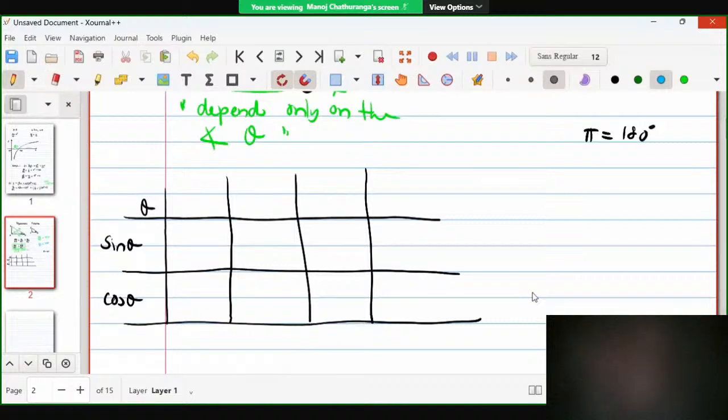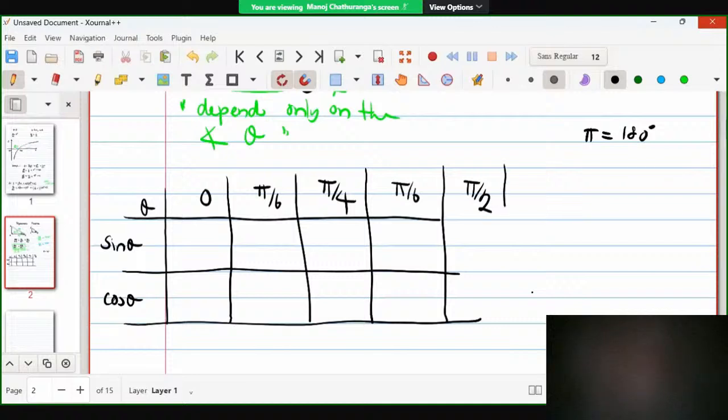I will put here what happens if theta is 0, 30, 45, 60, and finally 90. The first and last columns do not correspond to any triangles, but those are limiting cases. At the limit, there will be no triangle, but we can sort of guess what happens.